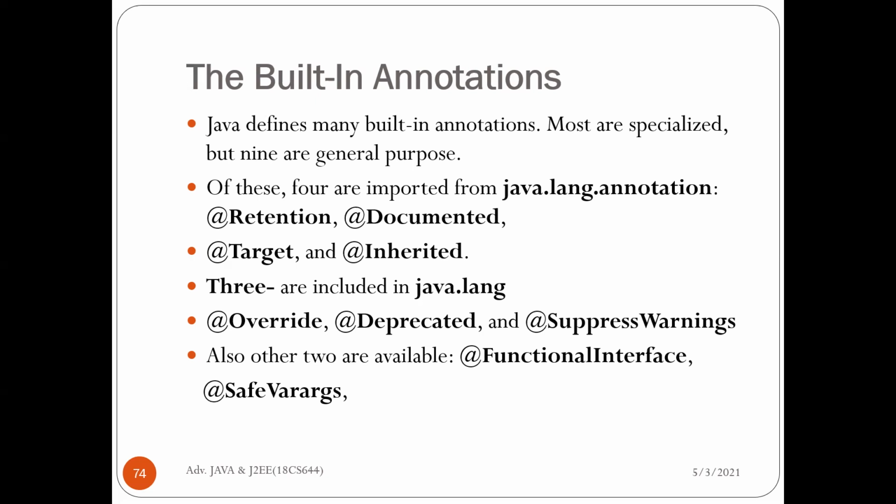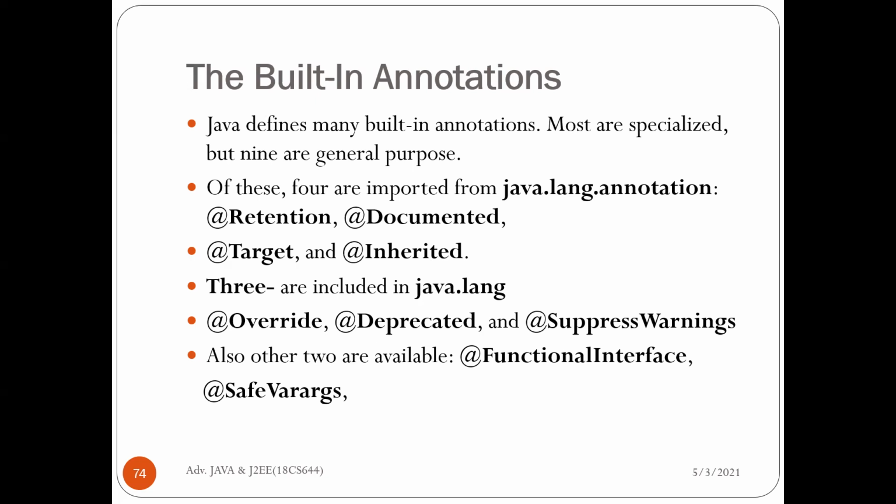In the java.lang.annotation package, there are four annotations which we can import: retention, documented, target, and inherited. These four annotations reside in the java.lang.annotation package. And three annotations are there in the java.lang package: override, deprecated, and suppress warnings.